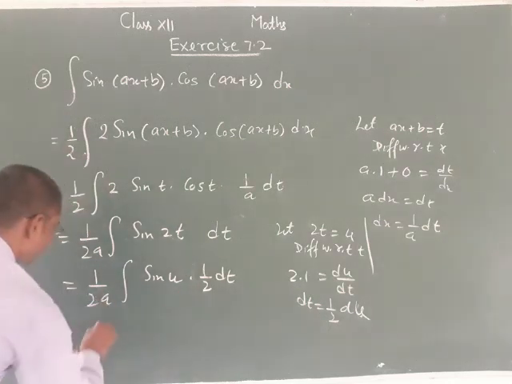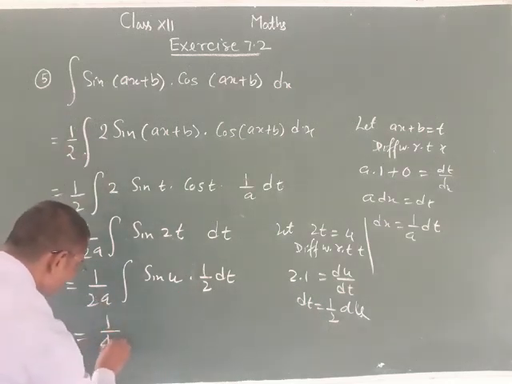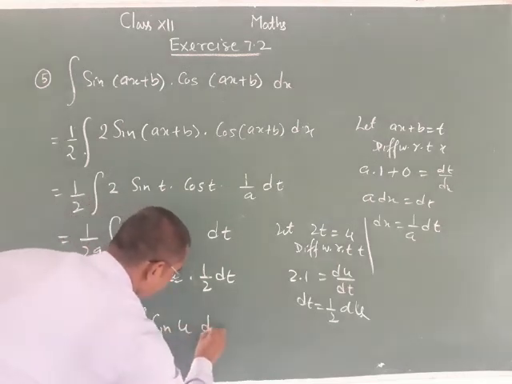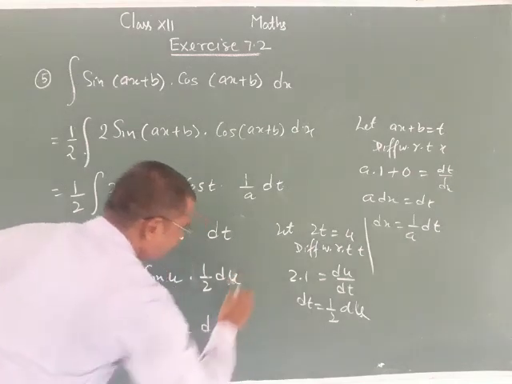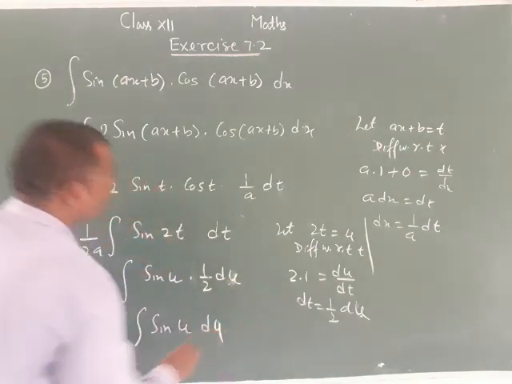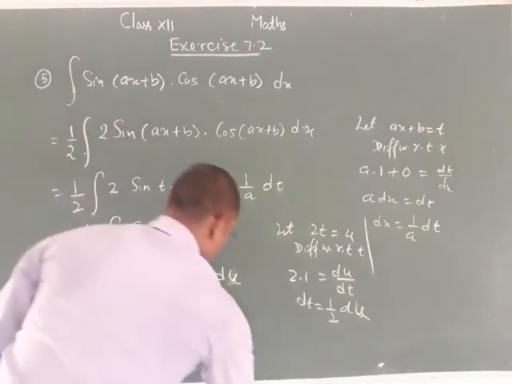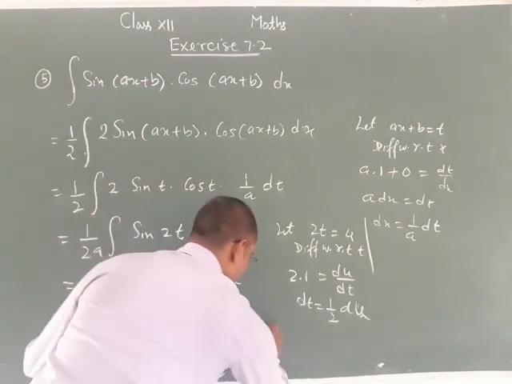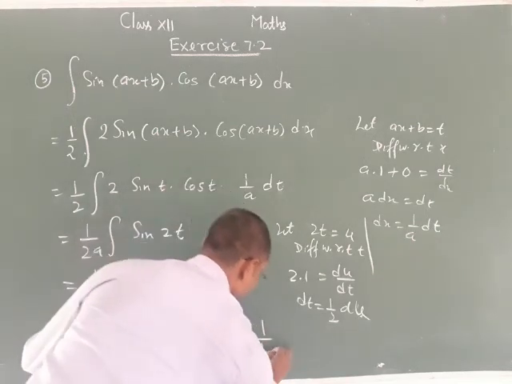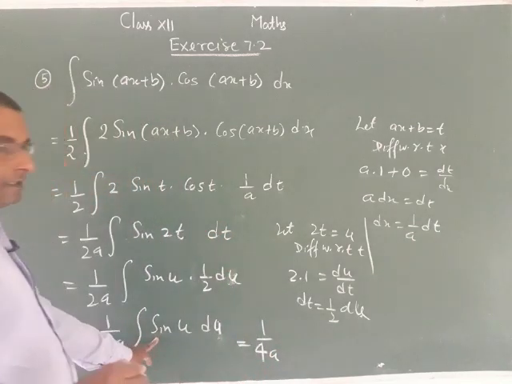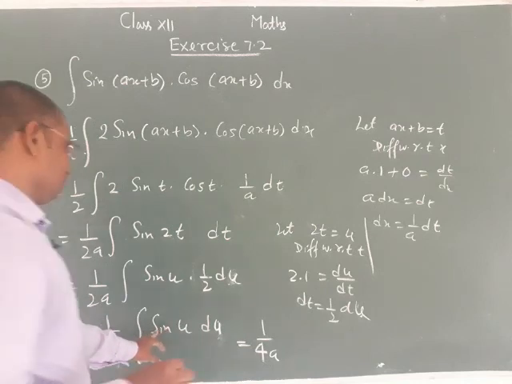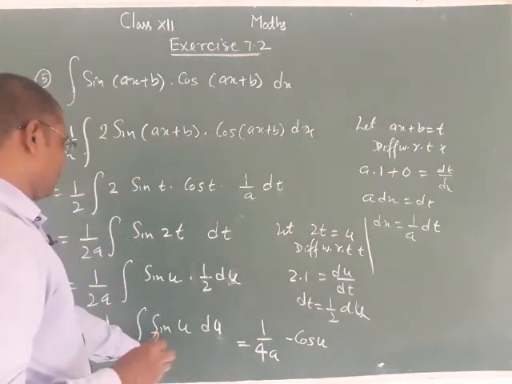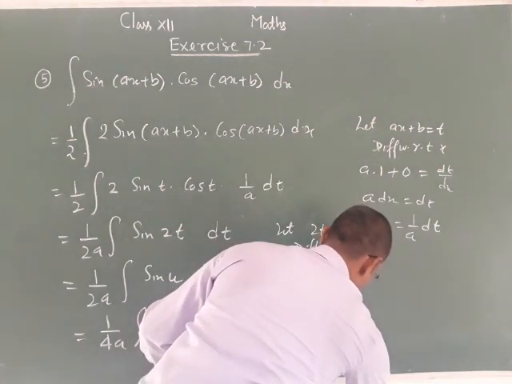Taking 1 upon 2 common, we get 1 upon 4a and the integration of sin u du, which is 1 upon 4a times the integral of sin u, minus cos u plus c.